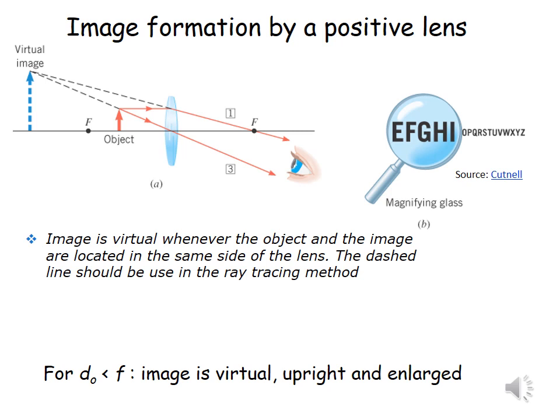So as you can see here, the object is put at this distance, which is closer compared to the focal point, and the incoming ray, which is parallel to the main axis, will be refracted to the focal point, and the light which passes the center of the lens will be refracted along the same line.